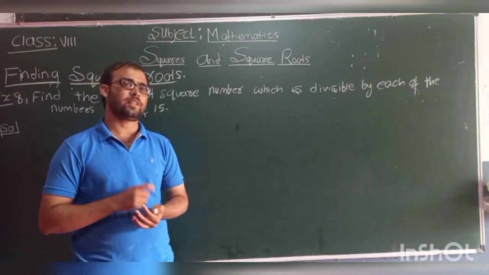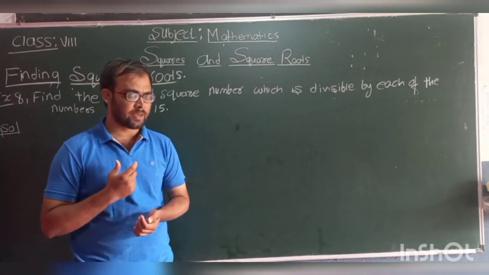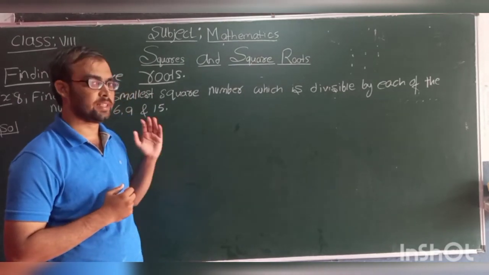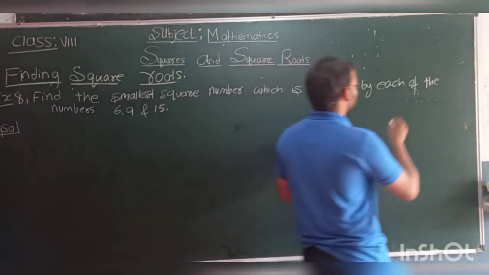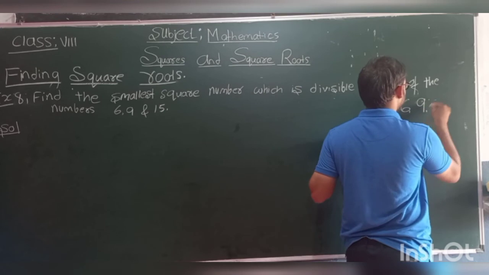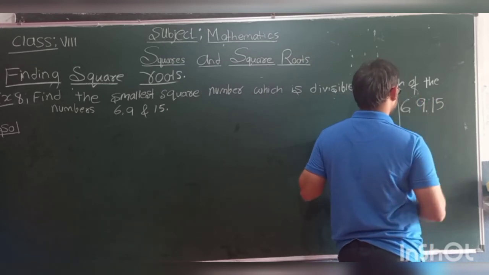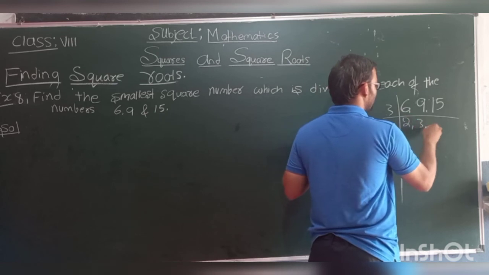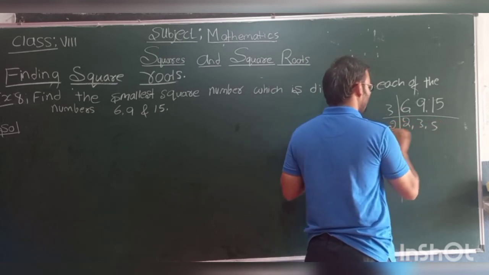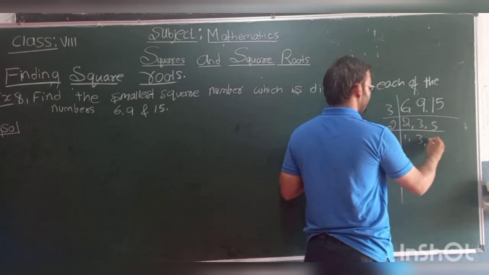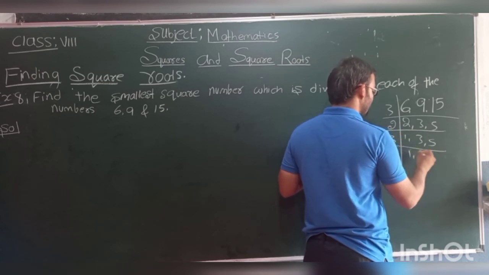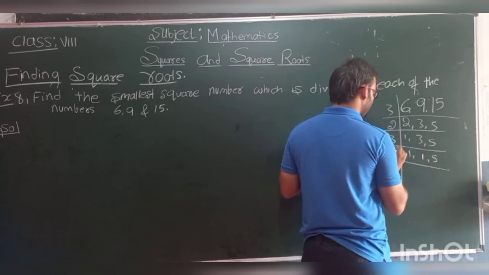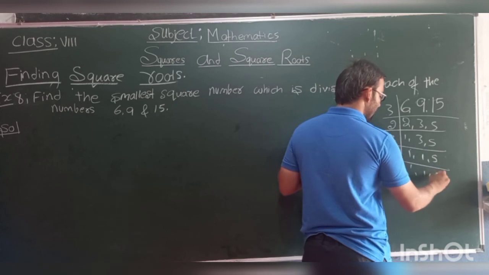Students, in order to find the number which is divisible by 6, 9 and 15, what we need to do? We need to find the LCM of those three numbers. 6, 9 and 15. Here 3 2s are 6, 3 3s are 9, 3 5s are 15, 2 1s are 2, 3 and 5 as it is, 3 1s are 3, 5 as it is, 5 1s are 5.